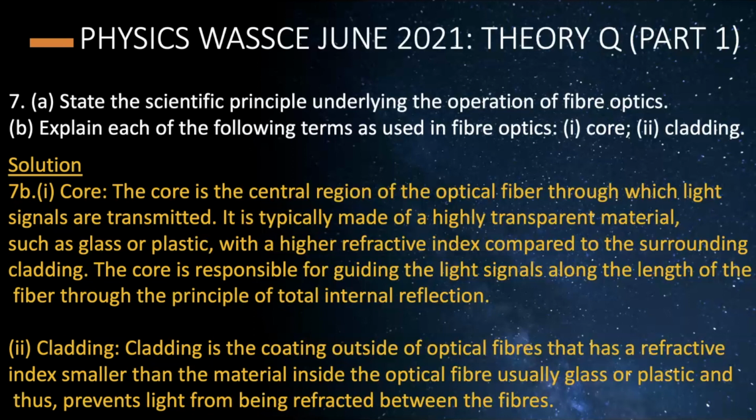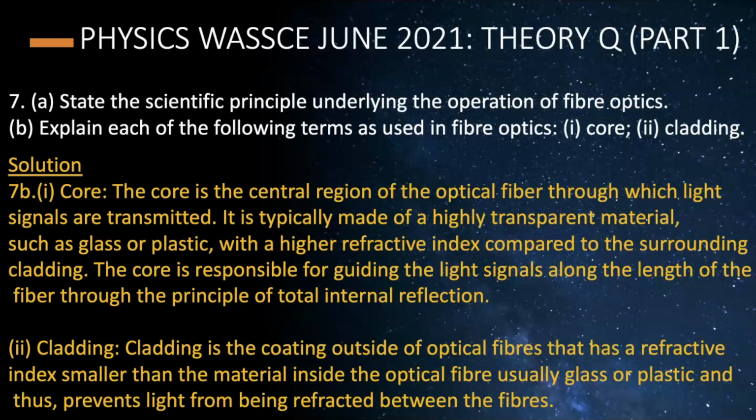So the core is responsible for guiding the light signals through the length of the fiber, and this is only possible because of total internal reflection. Now, to get full marks on this question, it is 1 mark for the core and 1 mark for the cladding.